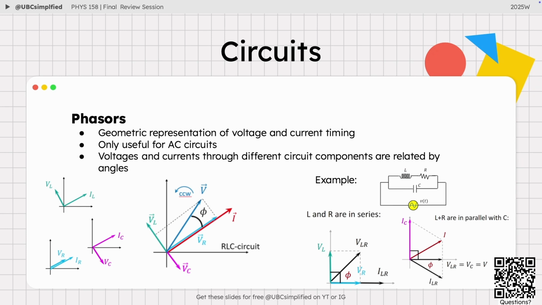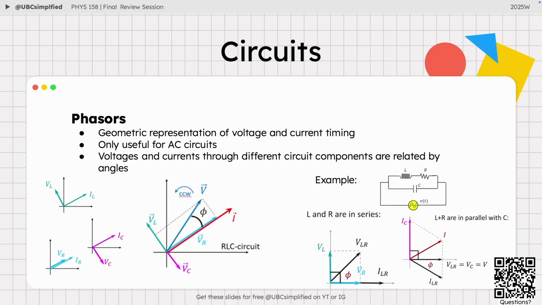We use phasors to solve different AC problems, and we do this geometrically because they're just vectors, rotating vectors. The real part is the projection of the phasor onto the horizontal axis.